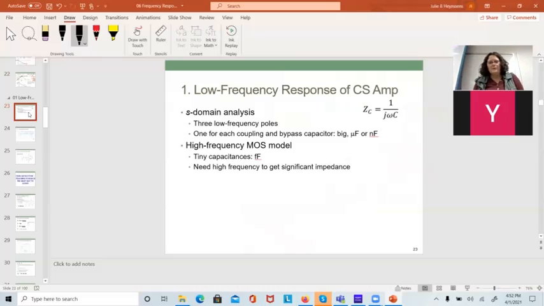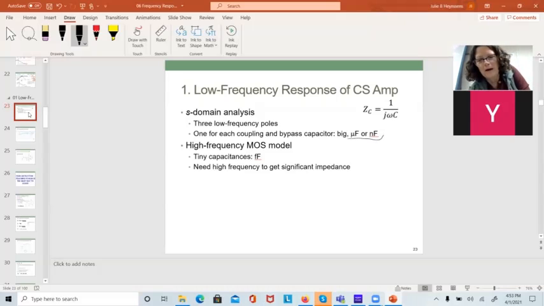So we want to use all that's been reviewed so far to figure out the low frequency response of the common source amplifier. For the low frequency response, we're going to have one pole for each capacitor. It's going to look like a low pass filter for every single capacitor on there.